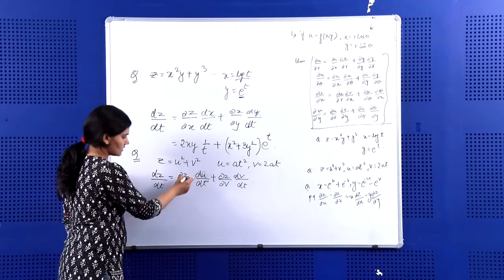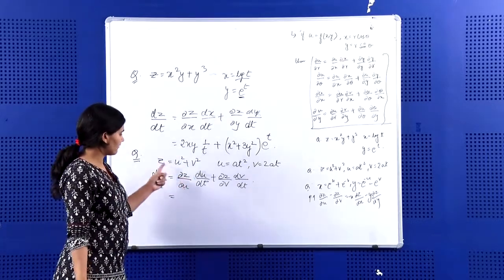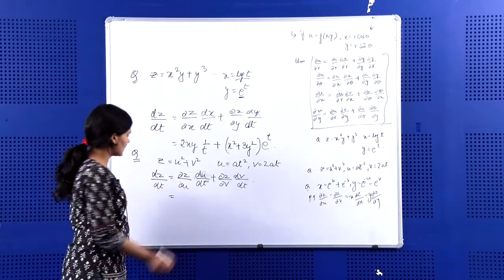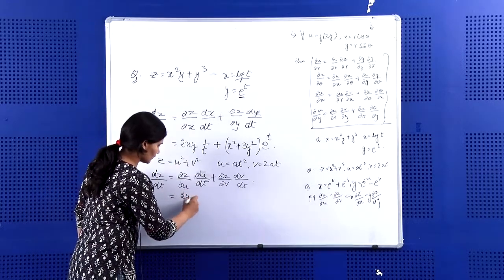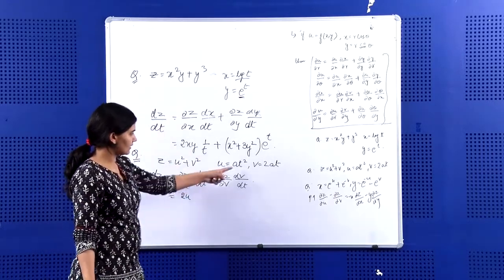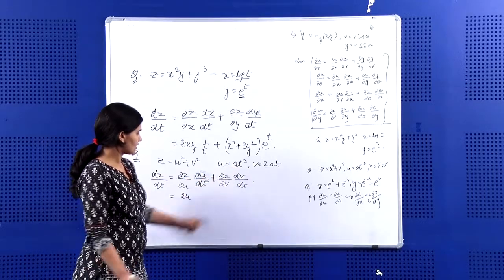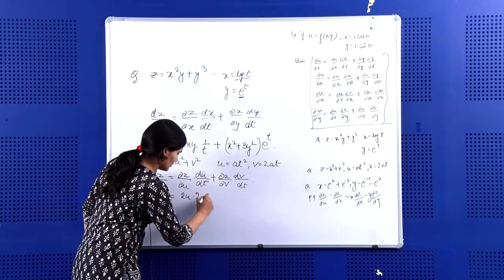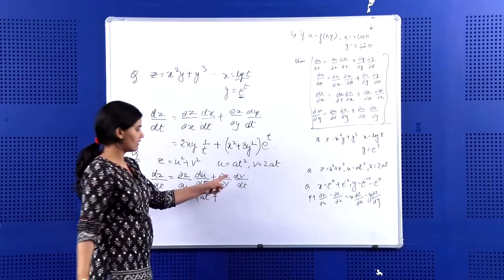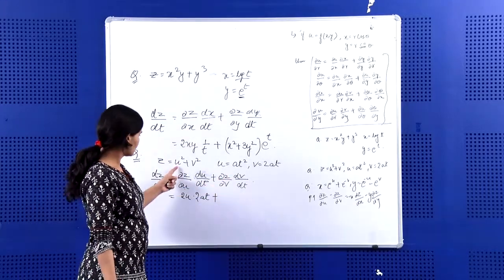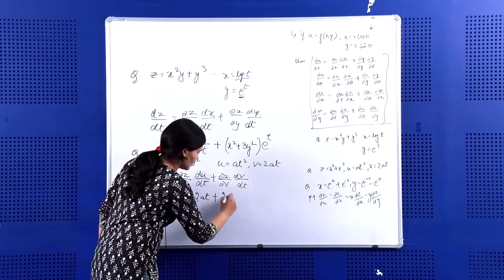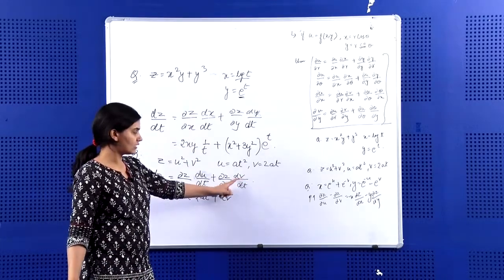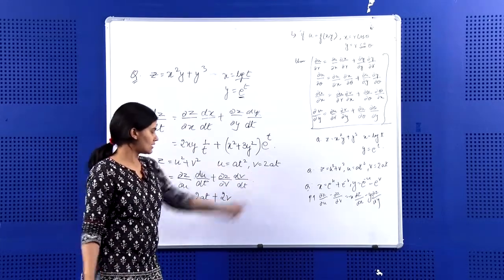The derivative of z with respect to u is 2u, du by dt is 4at, plus the derivative of z with respect to v, which will be 2v, and dv by dt is 2a.